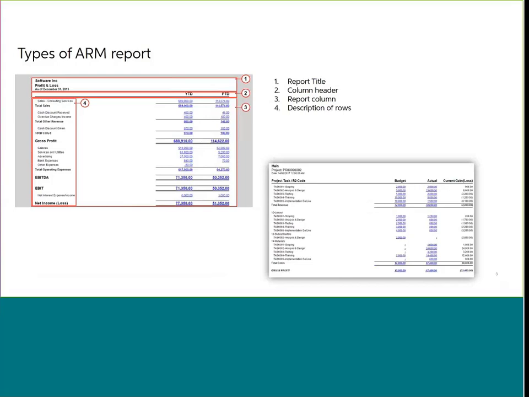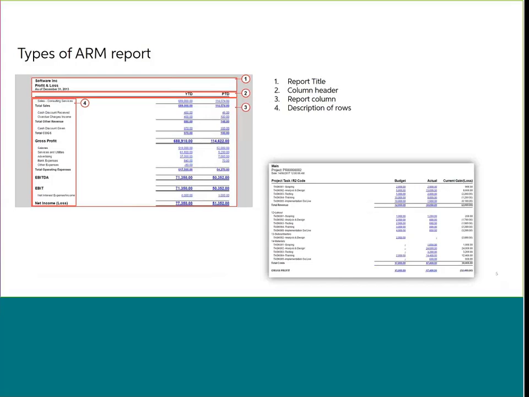In Analytical Report Manager, the report is comprised of 3 or 4 different sections. The first section, which you can see in this screenshot, is the report title, where you put your company name, your parameter values, and things like that. The column header talks about the names and definitions of the columns.